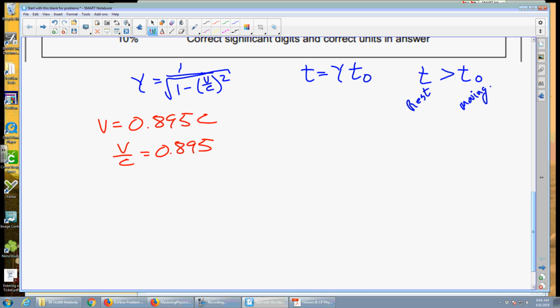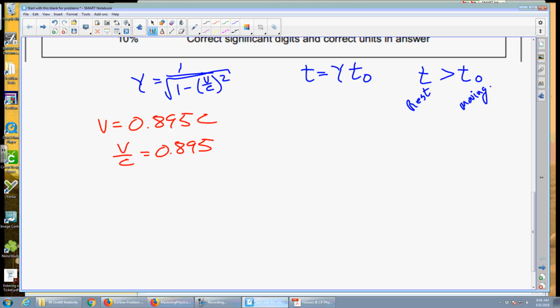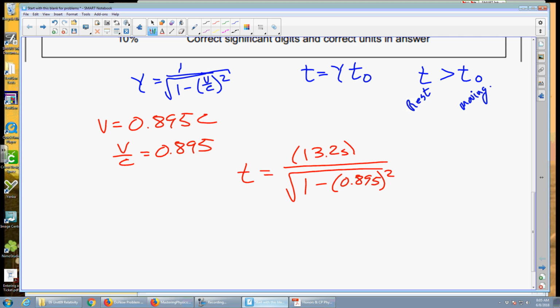All right, so now all I have to do is substitute in, right? I'm looking for T. They tell me T naught, and now it's just algebra. So I'm looking for T. I know the T naught for me is 13.2 seconds. That ends up over my substitute in, right? Yay, done. And there was much rejoicing.